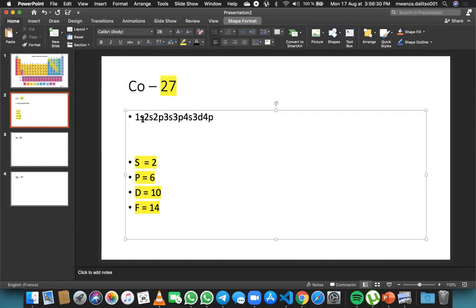Now, with what Mutale has told us, how many electrons is the S orbital supposed to occupy at maximum? 2. Okay, so 2S, 2. P, 6. S, 2.